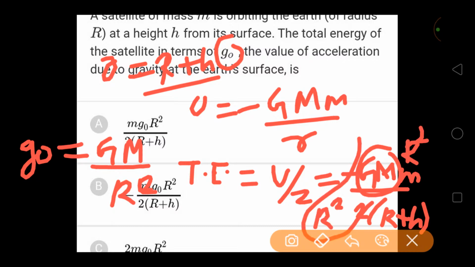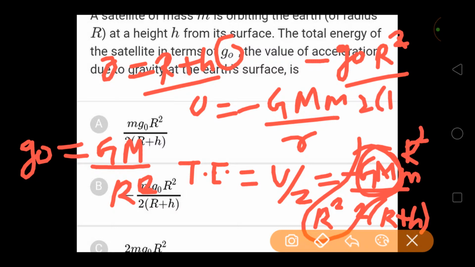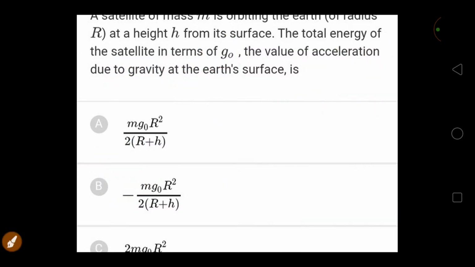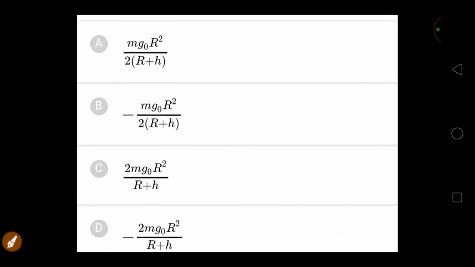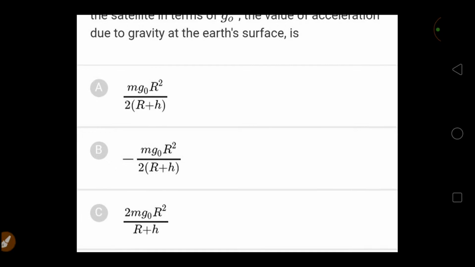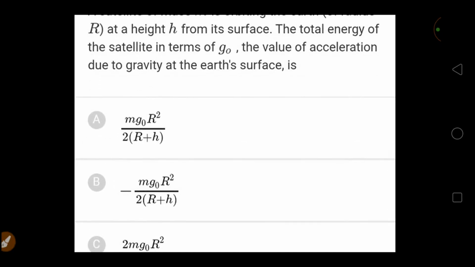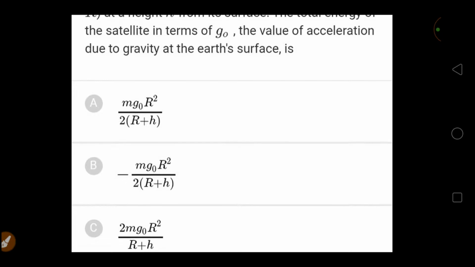So you will get G M by R square. So total energy is minus g naught R square by 2 into R plus h. Right? So minus m g naught R square by 2 into R plus h.